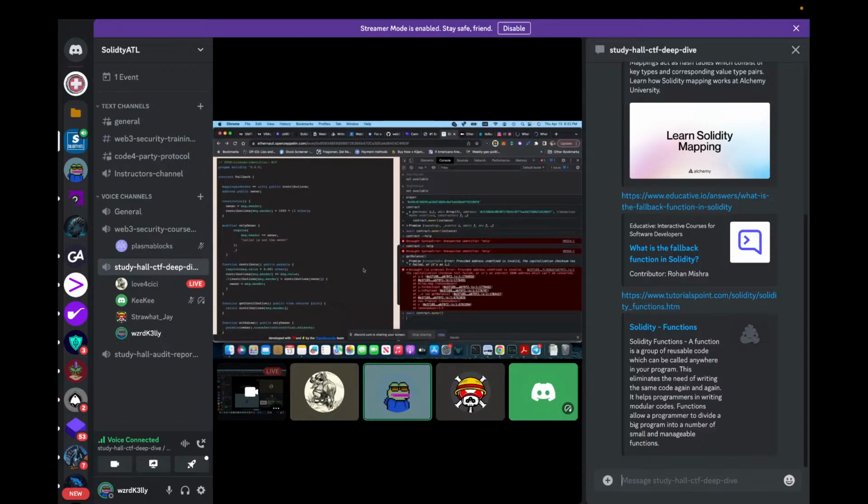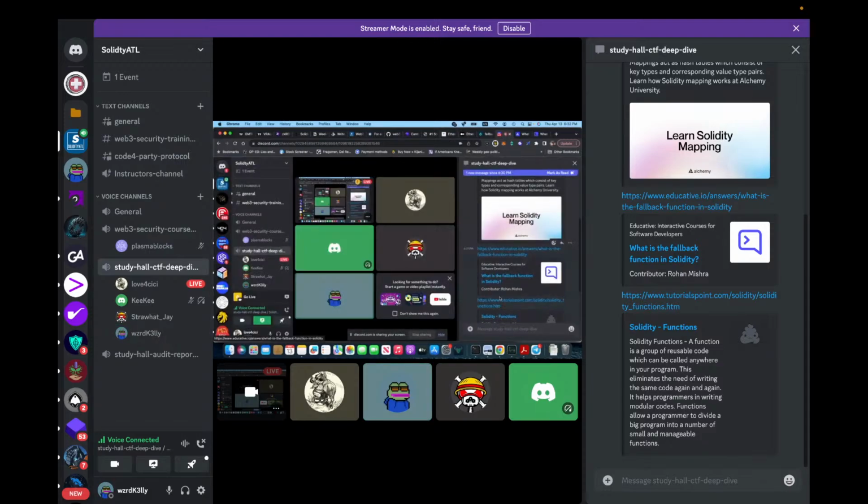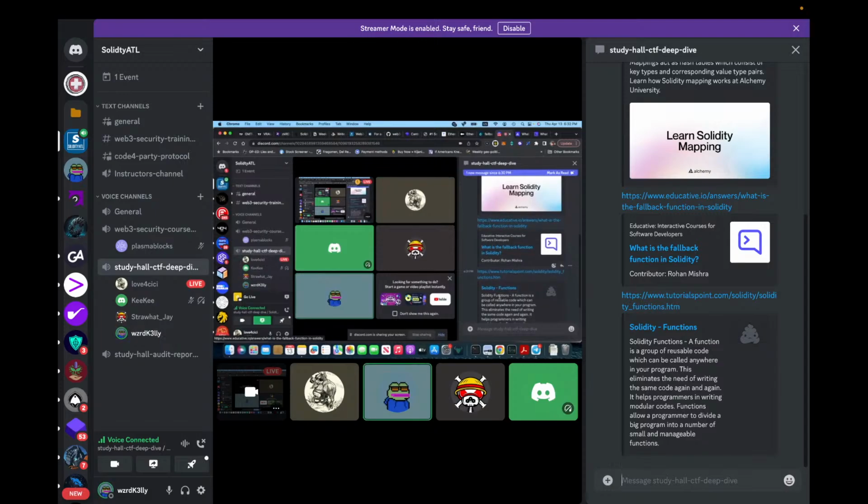One is mappings, the other is how functions work in Solidity, and the last one is understanding the fallback function. So read up on those, and once you're done with the readings, let me know, and let's revisit your thought process of this contract and go from there. I think let's do that.